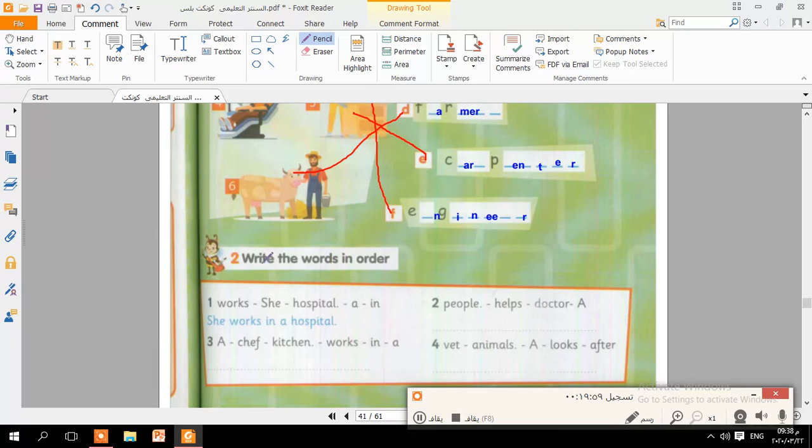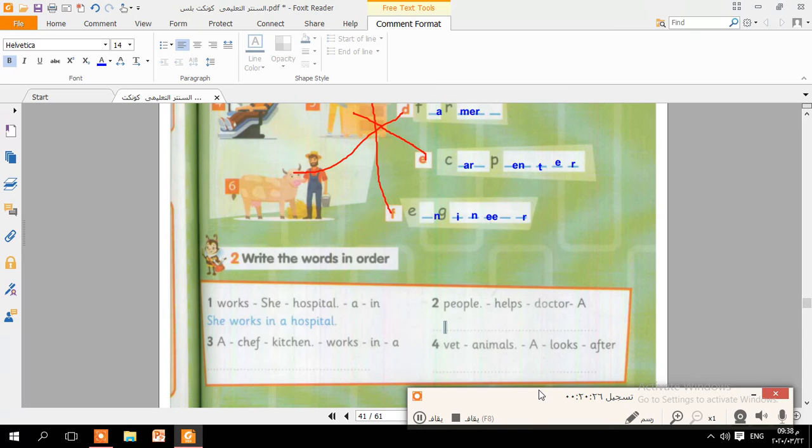Activity number 2, write the words in order. Number 1: worked she hospital in. She works in a hospital. Number 2: people helps Dr. A. So we will write, what about people helps Dr. A? Good.